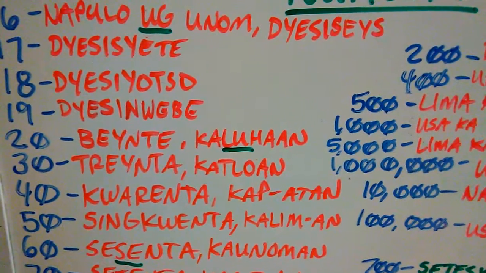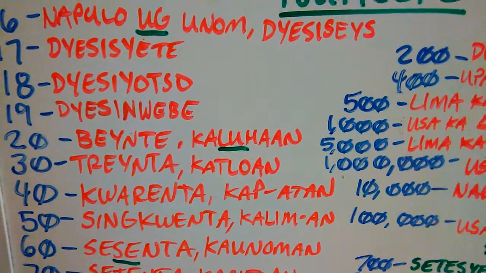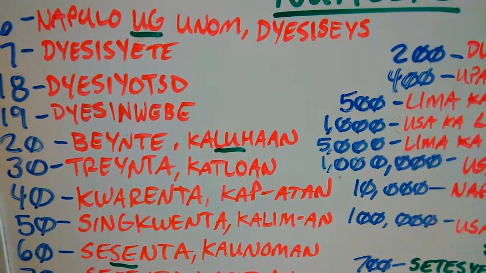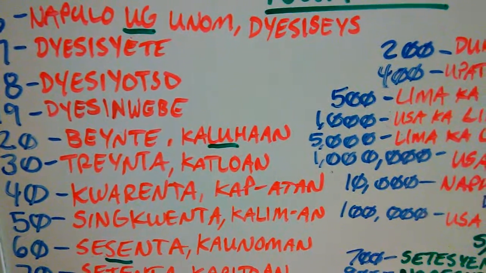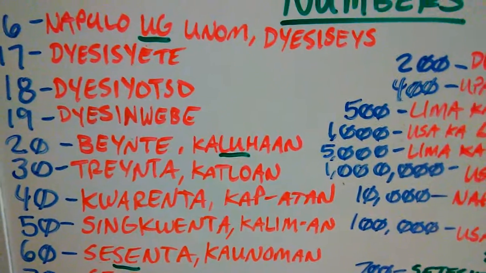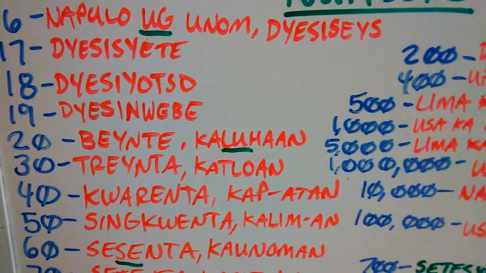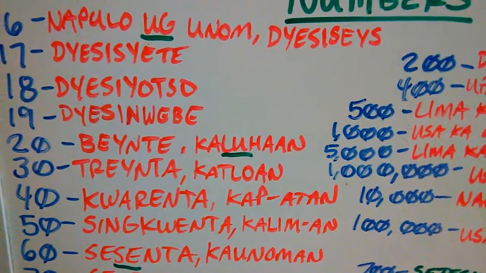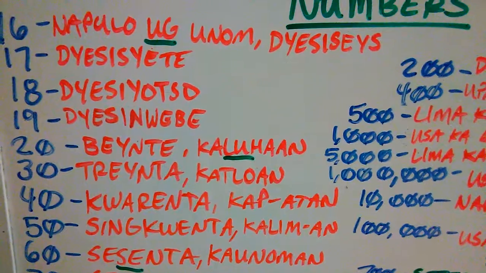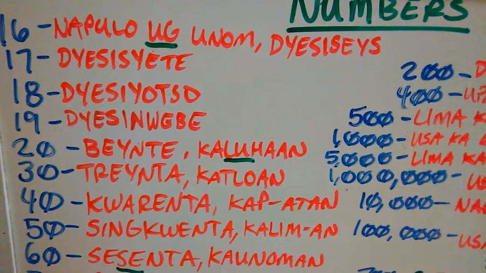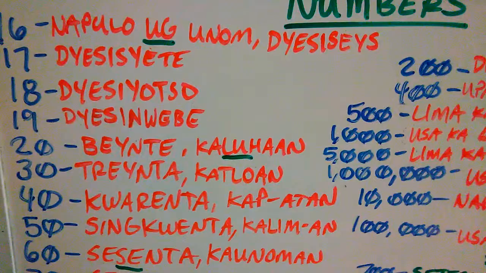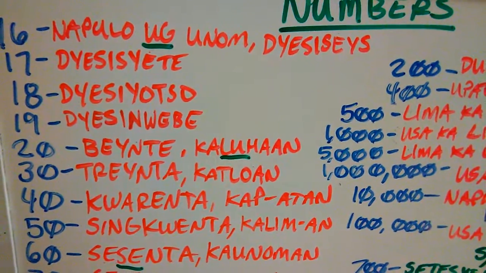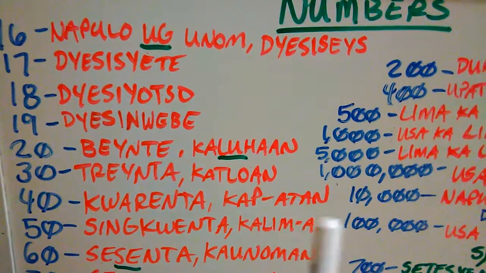In the standard Cebuano dialect, it is kaluhaan. But in most Cebuano dialects, because Cebuano likes to shorten and slur words together, people will tend to pronounce it as kauhaan. My YouTube channel focuses on the standard Cebuano dialect. I will not shed light on the other dialects, but I will talk about dialectal differences, just in case you run into them. But the standard Cebuano is kaluhaan for 20.